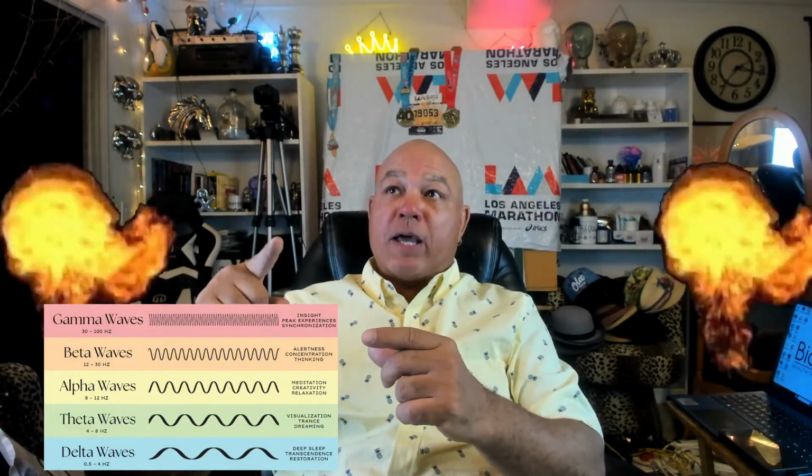Above 25, on this chart, they don't split beta and high beta. But in the neurofeedback world, we consider beta one thing and high beta another thing. So 25 to 30 is what we consider high beta, and 12 to 24 or so is just beta.